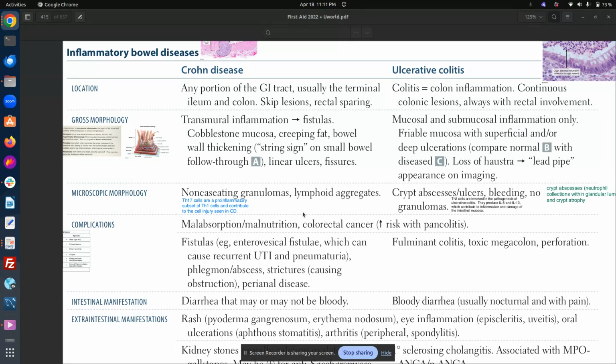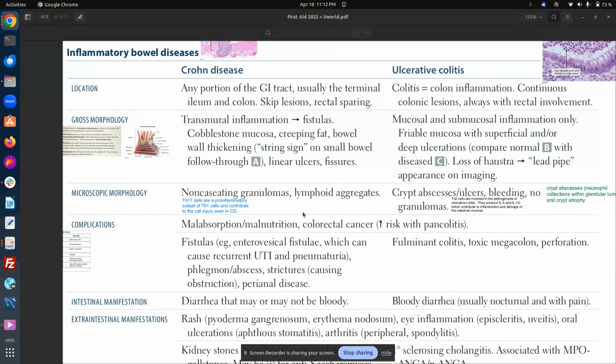Okay, now let's talk about the complications that are very particular to Crohn's disease. I've talked about fissures, now let's talk about fistulas. How will the fistulas form? When there is a bowel wall thickening and the thickening is involving the entire thickness of the bowel, it leads to sinus tract formation that communicates between multiple organs.